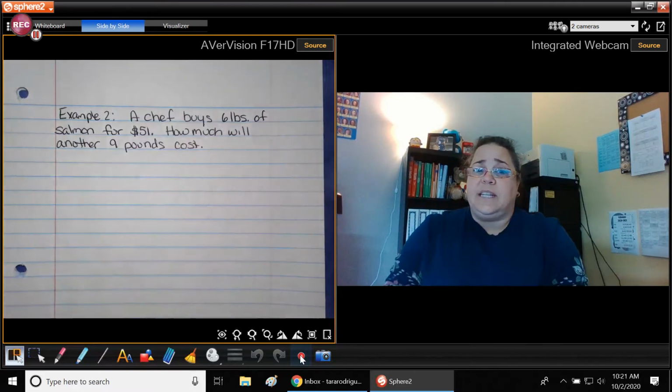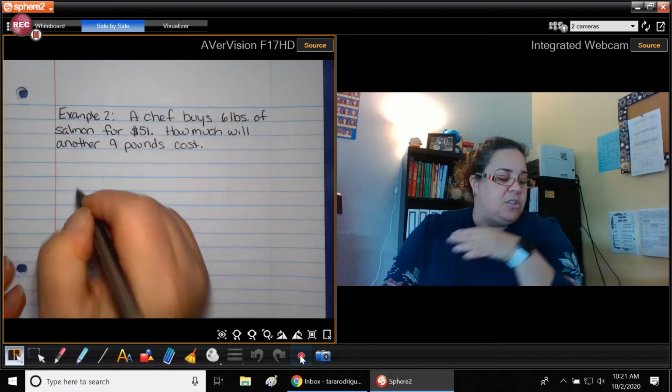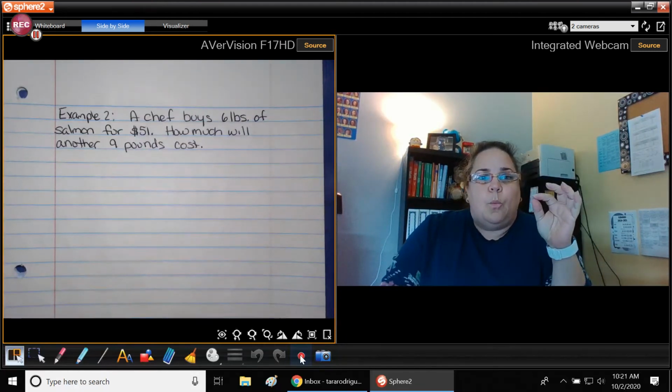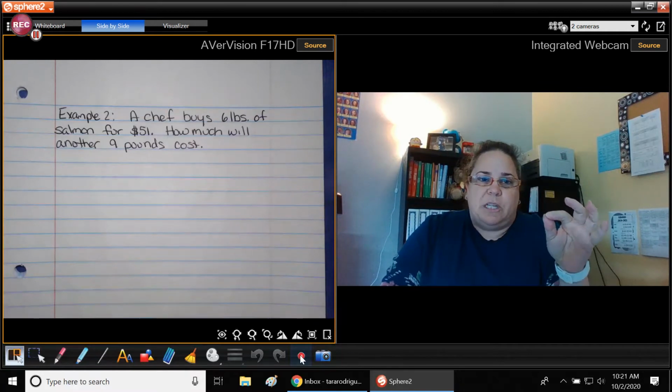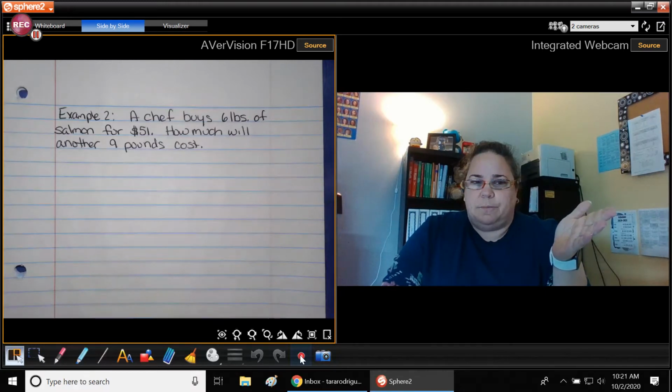Okay, so once again, I am going to do a ratio table. Okay, think about it for a second. Which one should be on the top and which one should be on the bottom? We're going to have to find the unit rate for something. What are we going to find the unit rate for?